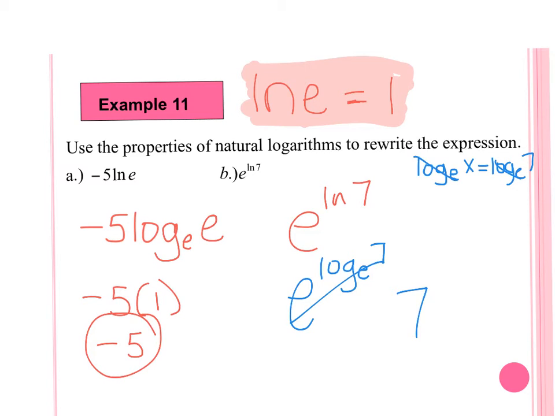The one-to-one property cancels those out, and x would be 7. So whether it's e to the ln or ln e, you're going to cancel it through, and you would keep whatever's next to it if it's in exponential form, okay?